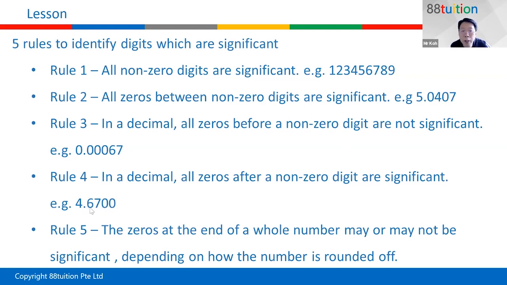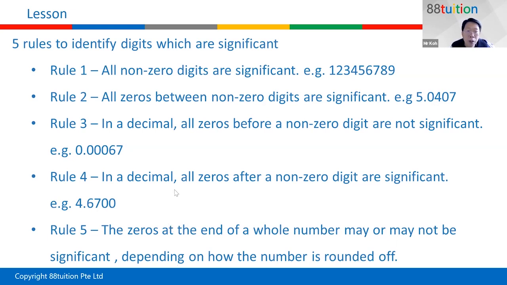Okay, or you can count it as 3 significant figures, or 4 significant figures, or 5 significant figures. So it actually comes very closely with rule 5. So what does rule 5 say? Rule 5 says the zeros at the end of a whole number may or may not be significant depending on how the number is rounded off.